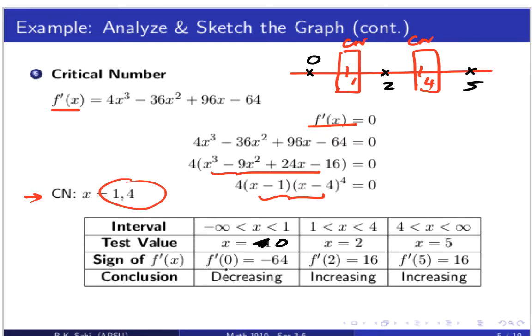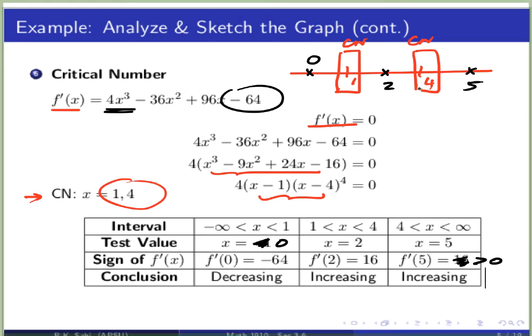So f prime of 0, you plug in the value here, gives me negative 64. f prime of 2 gives me 16, and f prime of 5, again you get a 16. I hope it's a 16, but what I definitely know is it is a positive number. Give me a second, I will check it too.